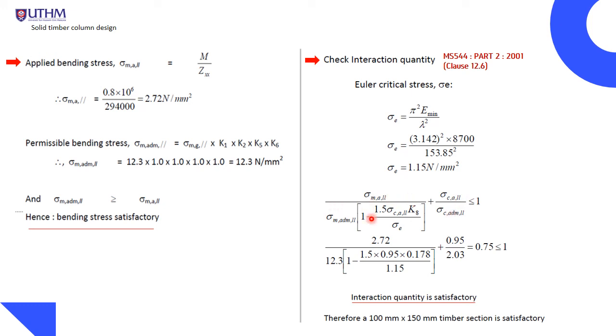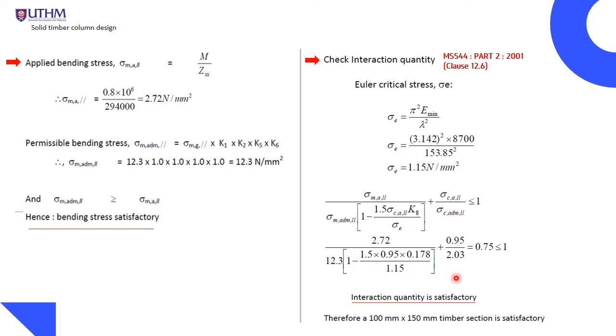So we just key in all the values. The only value that we need to find is the Euler critical stress. The formula is pi squared times E minimum divided by lambda squared. We get 1.15 Newton per millimeter square.